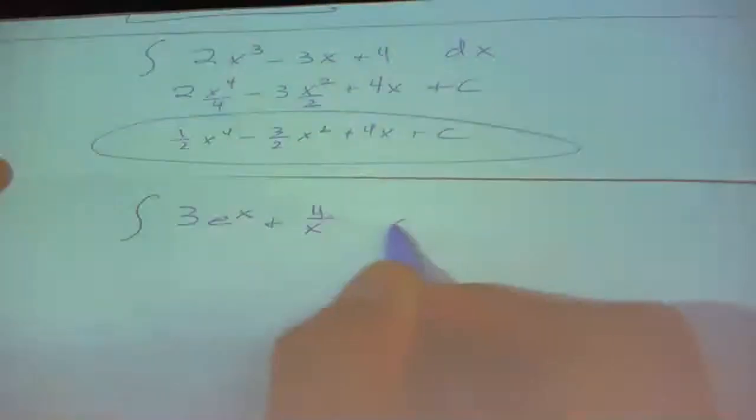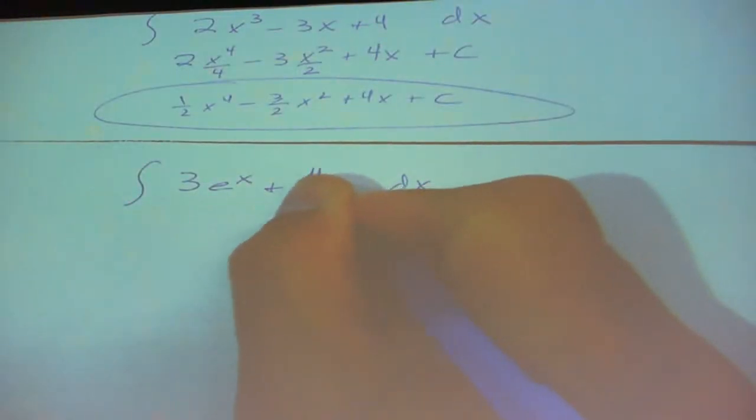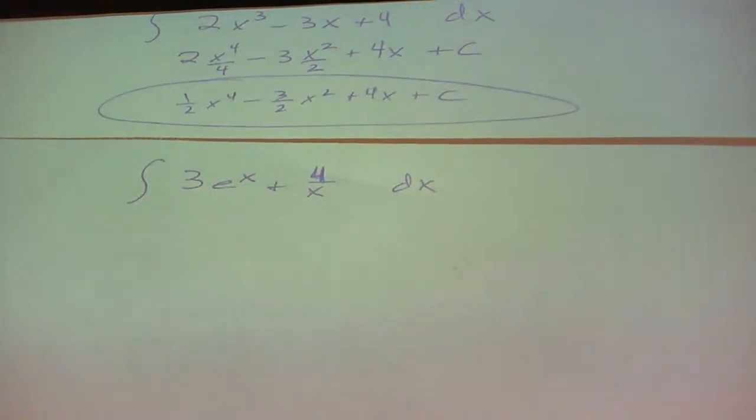Okay, here's another one. Be careful, there's a couple special cases in there. Integral of 3 e to the x plus 4 over x dx.